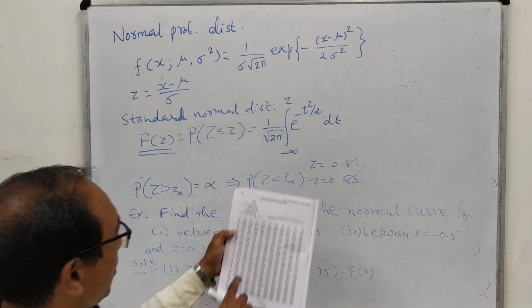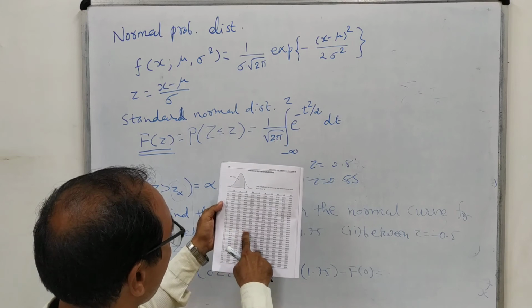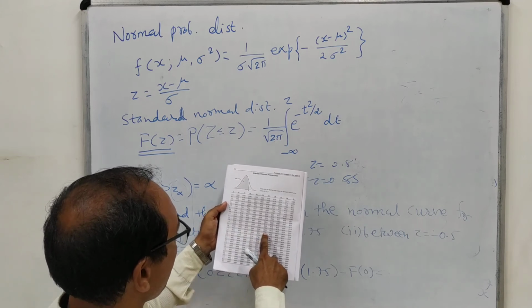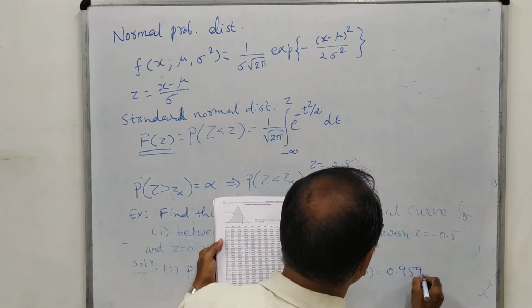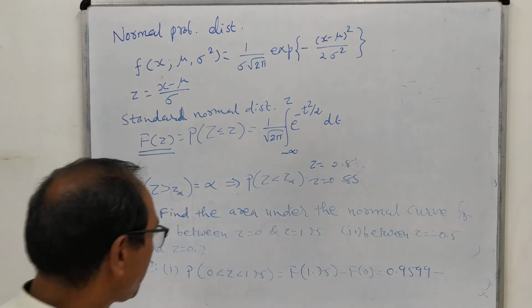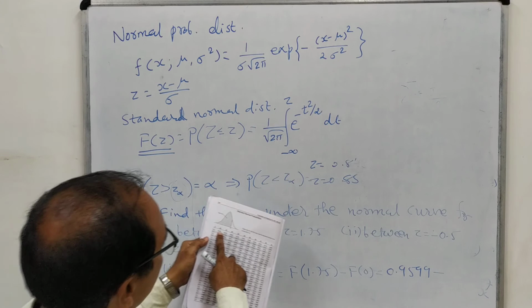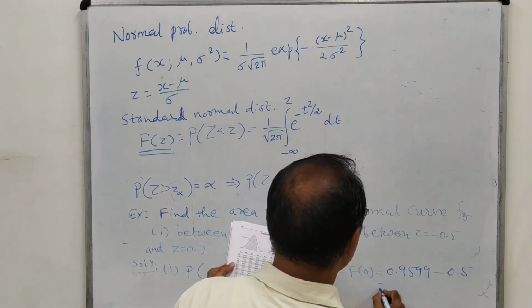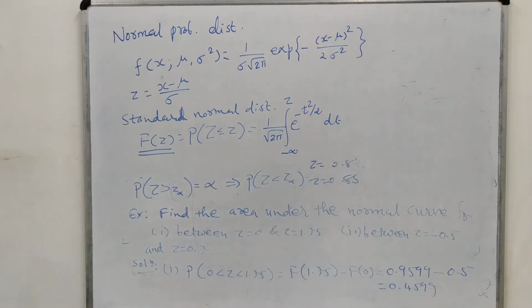In the table you go to 1.7, and in this row go to 0.05. So f of 1.75 is 0.9599, minus f of 0. F of 0 is 0.5. So you can find that the value is 0.4599. This is the required value.